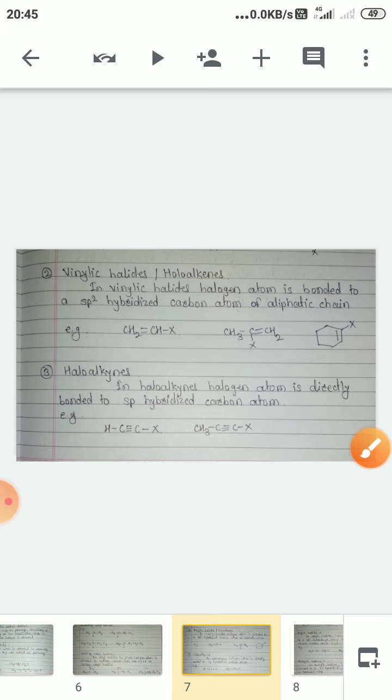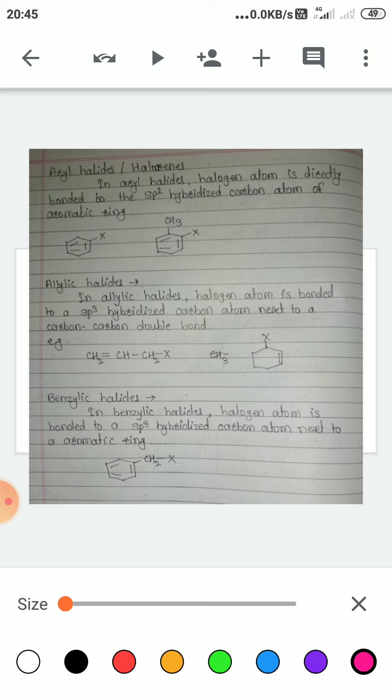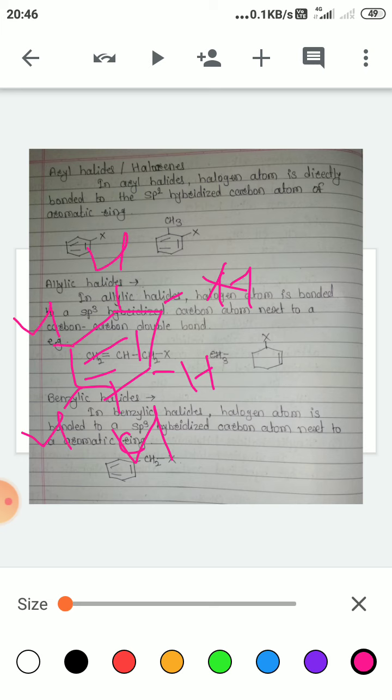Now what are haloarenes? Haloarenes are also called aryl halides. In aryl halides, the halogen atom is directly bonded to an sp2 hybridized carbon atom of an aromatic ring. If we consider a benzene ring, each carbon atom carries one hydrogen atom, H, H, H, H. That means this is the structure of benzene.